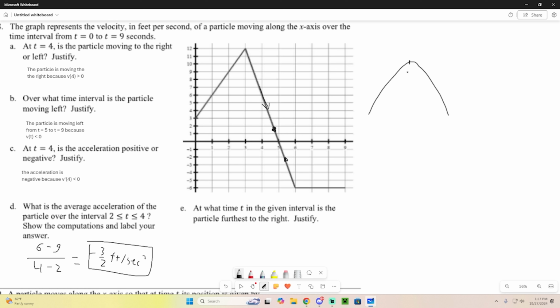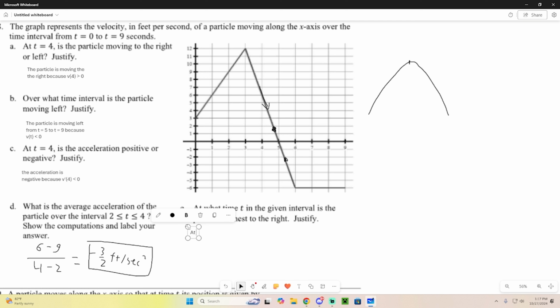If you guys don't understand that, let me know and I'll explain it better. I'm just going fast right now. Since it'll have a horizontal tangent line at t equals 5, t equals 5 will be the maximum to the right, because all the way right is the maximum y value.